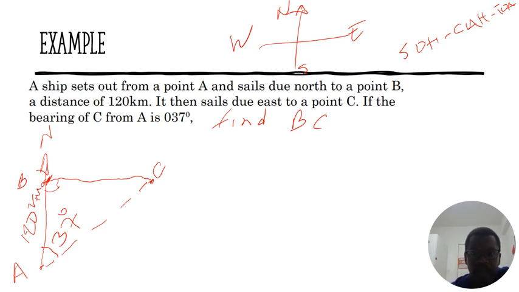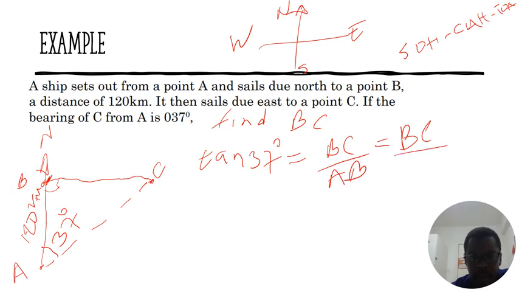You can use TOA, opposite and adjacent, so you can use tan. Tan 37 degrees should be equal to opposite, which is BC, over adjacent, which is AB. And BC in this case is not known.